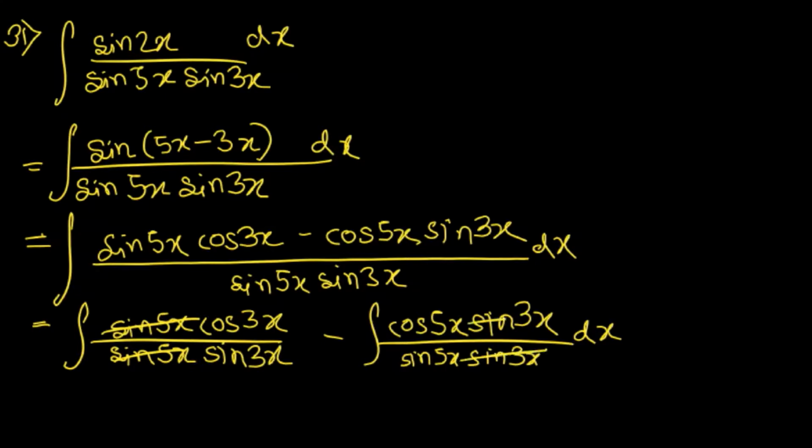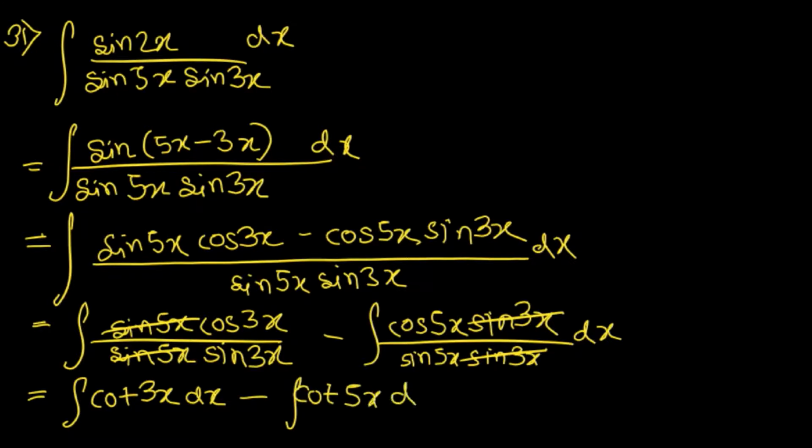We are left with the integration of cot 3x dx minus the integration of cot 5x dx.